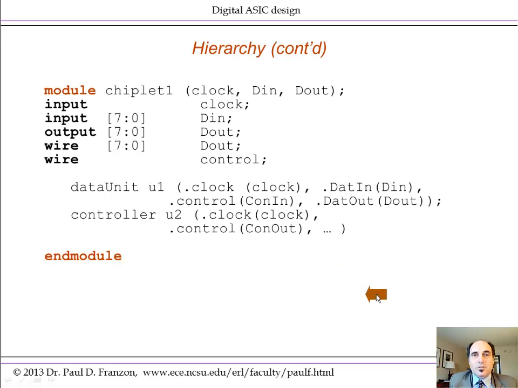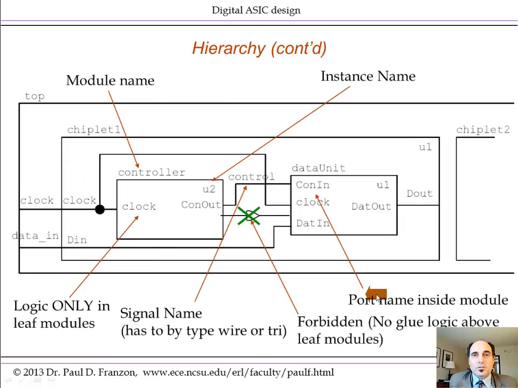Here's an illustration of what this looks like pictorially with a few comments in it. Again, we have this module top. We instance in it an instance of chiplet 1, which we call U1, and an instance of chiplet 2. Within chiplet 1, we instance the controller, calling it U2, and the data unit, calling it U1.